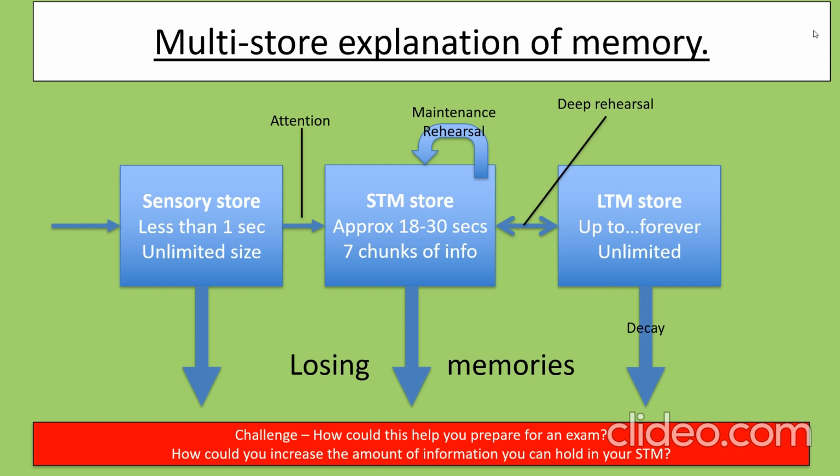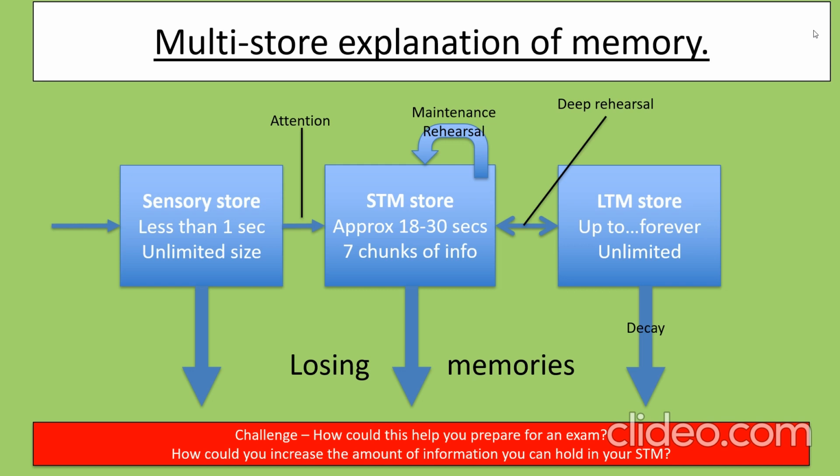So it's filtering loads and loads of stuff that's not important and completely ignoring it. However, on that one occasion where you pay attention to something in the environment, maybe something you're listening to or watching, that will allow that memory to become more than just a sensory memory, and it will move across into the short-term memory store.